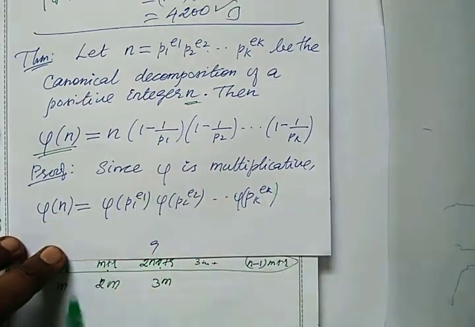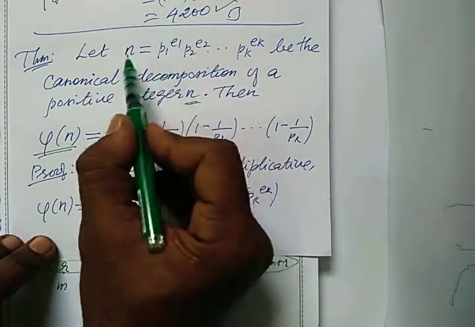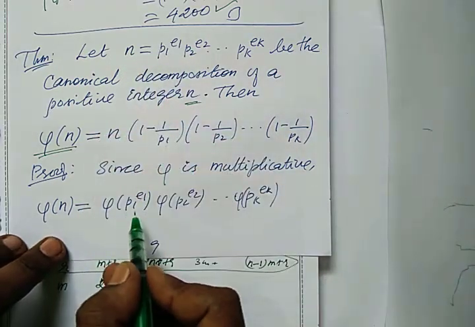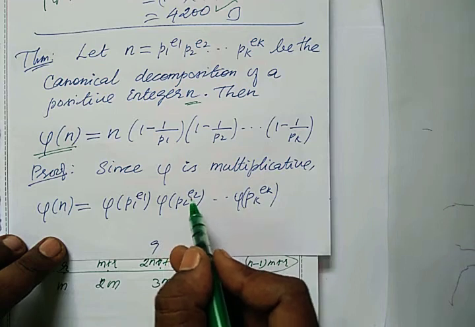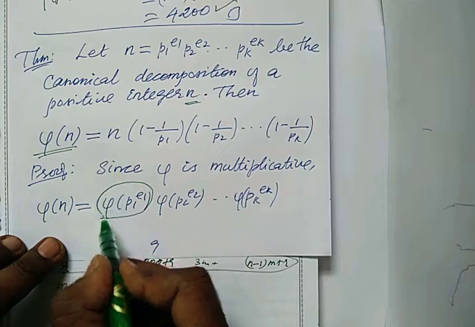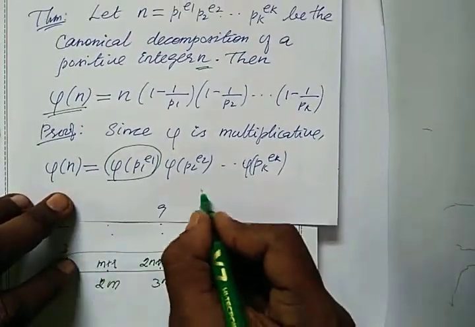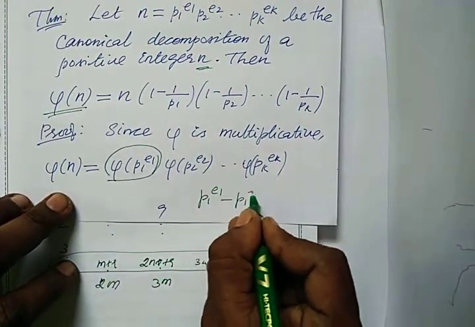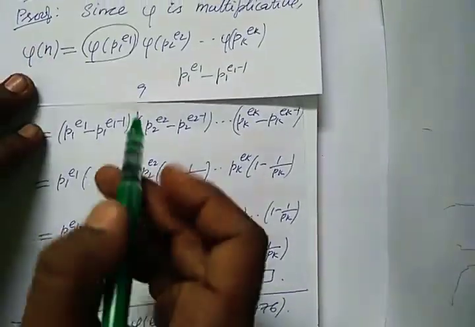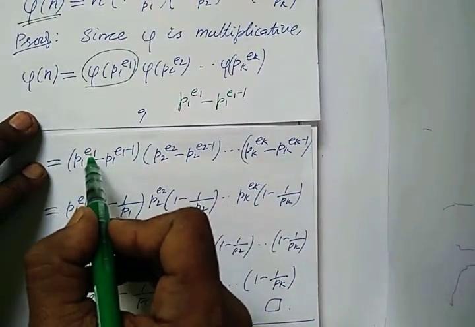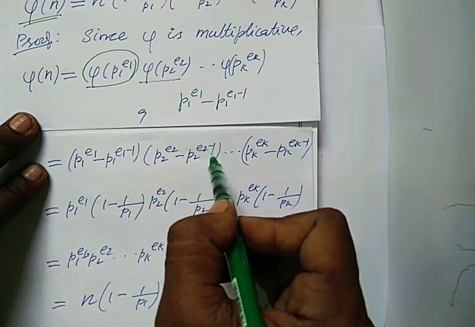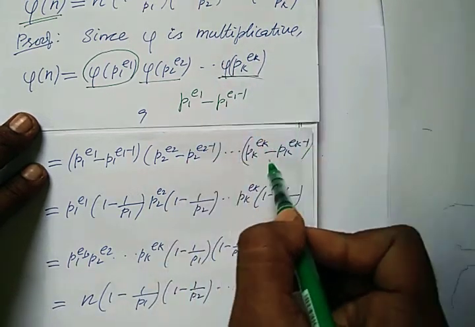Since phi is multiplicative, if we apply phi on both sides, phi of n is equal to phi of p1 to the power e1, phi of p2 power e2, etc. phi of pk power ek. But what is this now? This one is p1 power e1 minus p1 power e1 minus 1, right? This is p2 power e2 minus p2 power e2 minus 1. Similarly for the others.